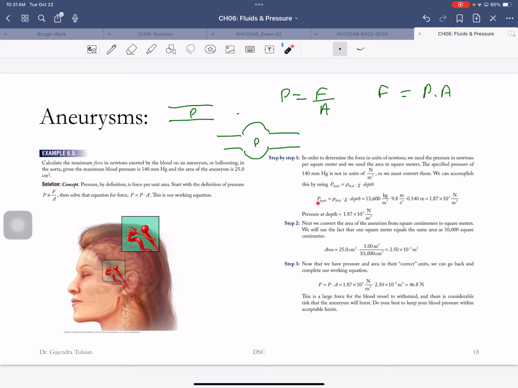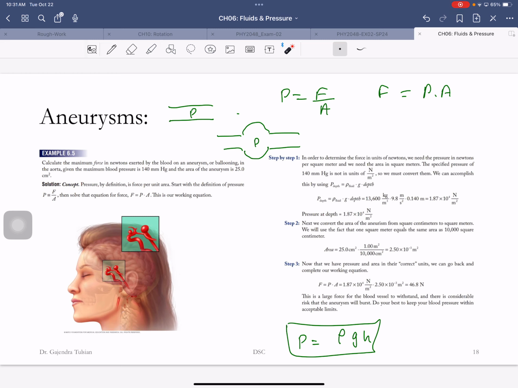So the pressure is 140 millimeters of mercury, which is density of mercury times g times height. This is the density of mercury, there is g, and there's the height in meters.